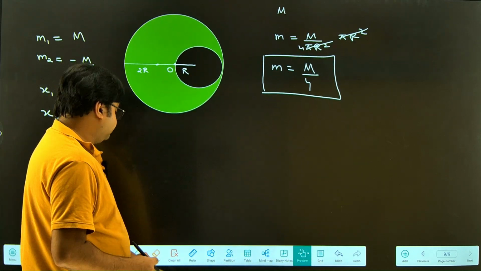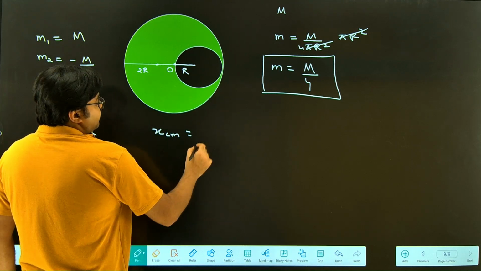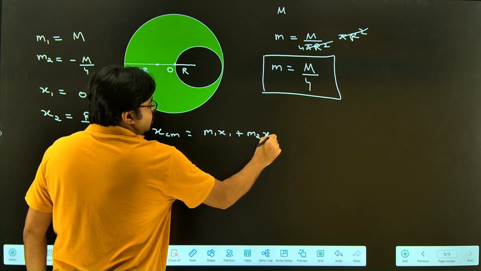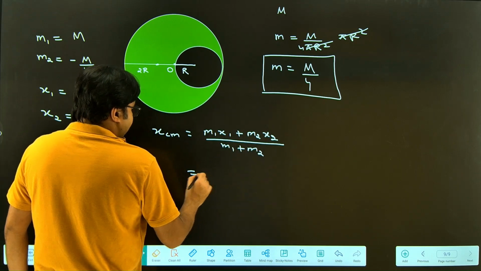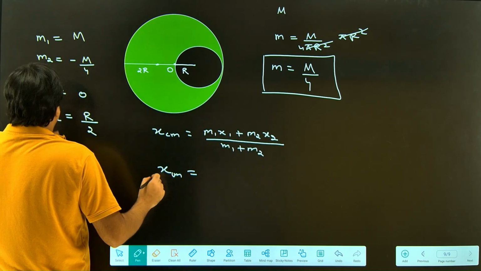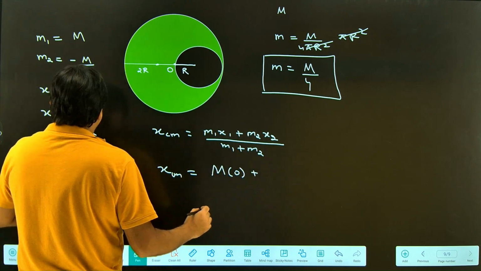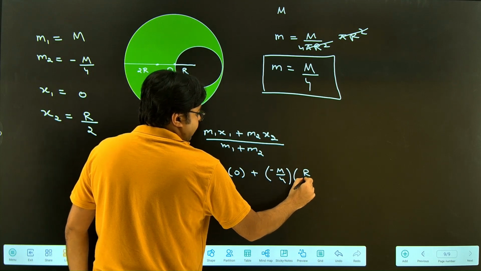We have xcm equal to m1 x1 plus m2 x2 divided by m1 plus m2. So xcm is equal to m1, which is capital M, times x1, which is 0, plus m2, which is minus M by 4, multiplied by r.